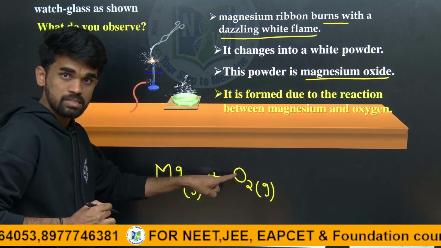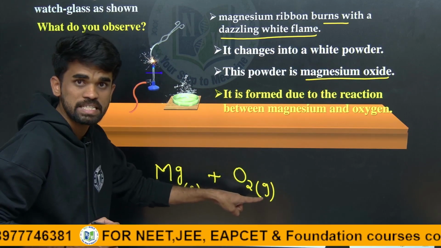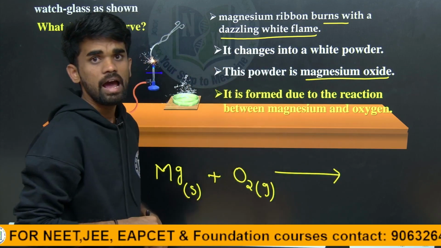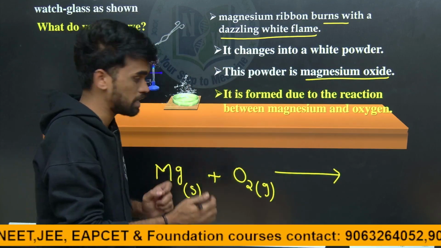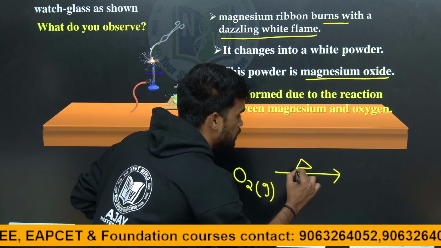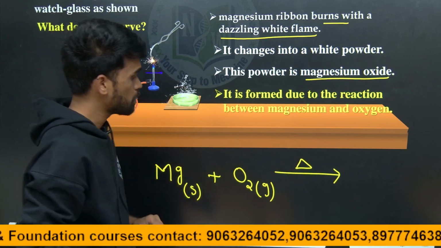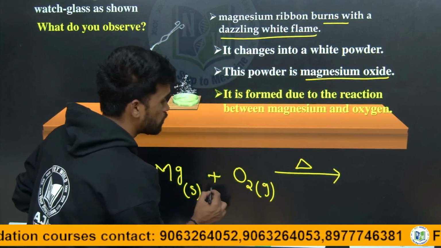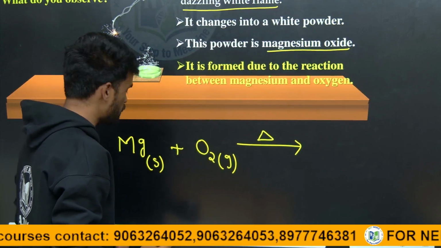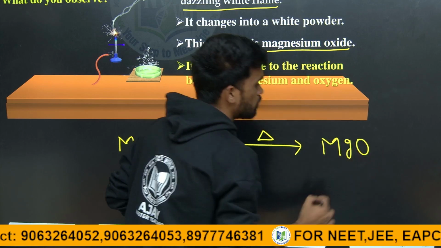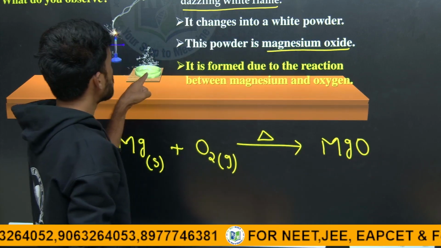So we write each substance with respect to its physical state, right? Then next, give this arrow mark here, and we are heating it now, we are burning it now. So let us use the delta symbol to represent that we are heating or burning here. Okay. Then next, this will form magnesium oxide, MgO, which is in solid form.